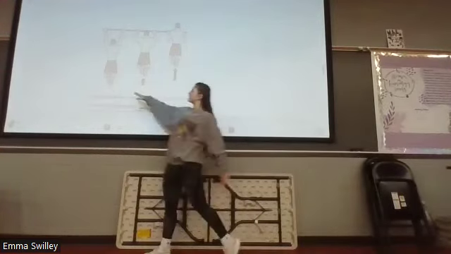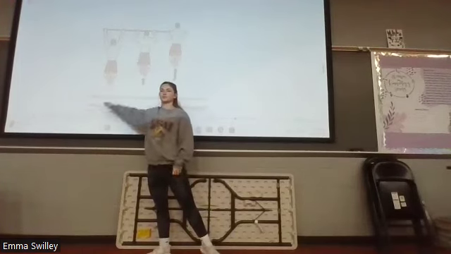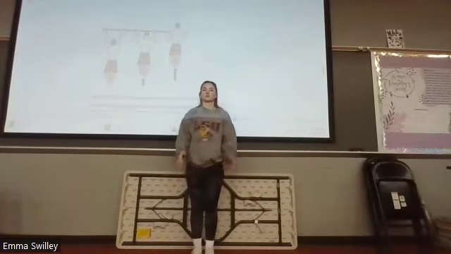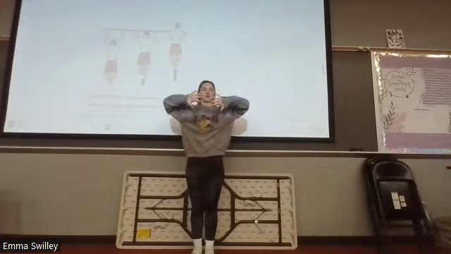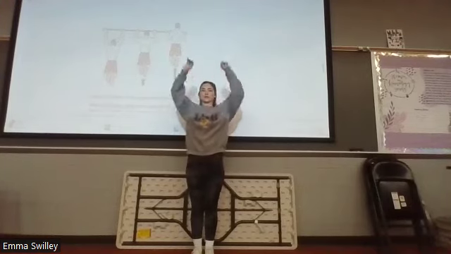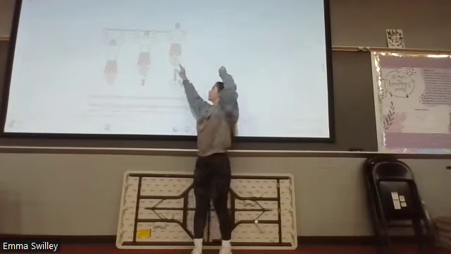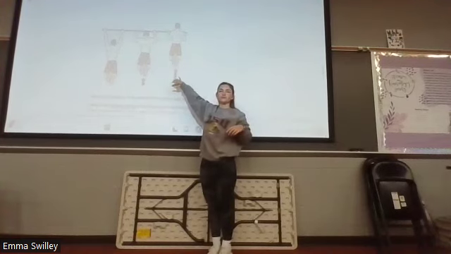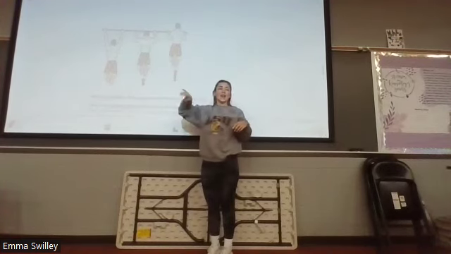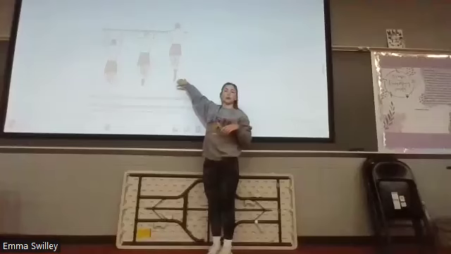Okay, so what is the position in this picture? Upward rotation, yeah. You see the shoulder movement is what's giving that one away? Okay, so then what's the position here?